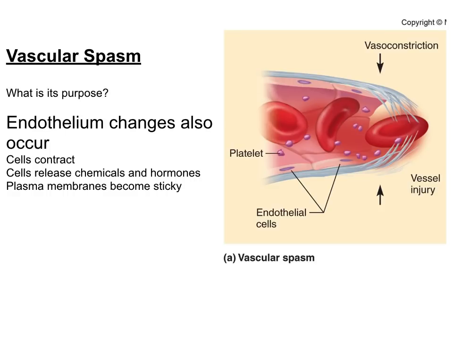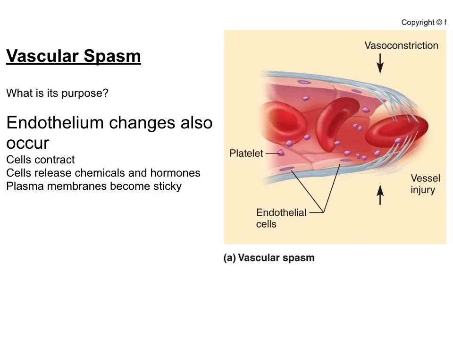Now, what's most important in this basement membrane is the protein collagen, and it's exposing these collagen fibers to your blood as it is passing by. Your endothelial cells also release a lot of chemical factors and hormones that actually can intensify your vascular spasm.